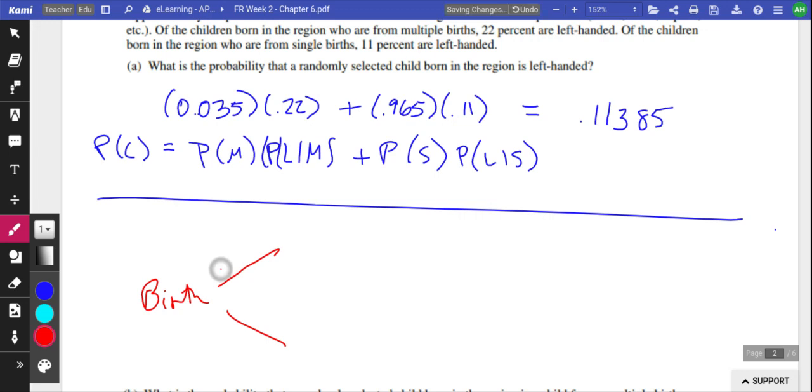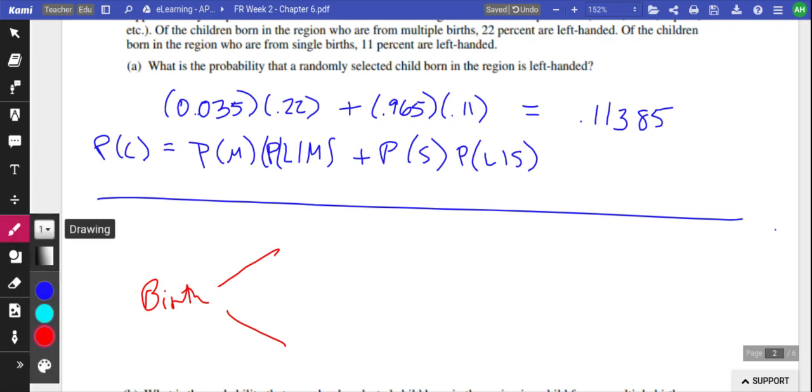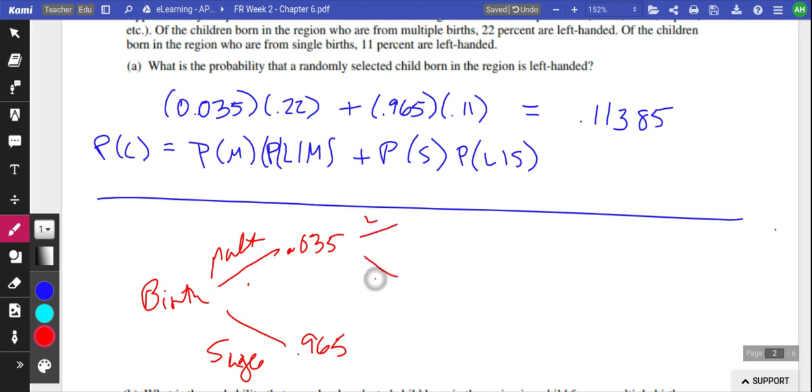So multiple, wow, that's an ugly multiple. Multiple, single, and then you've got a 0.035 chance of going this way, 0.965 chance of going that way, and then you're going to say left-handed, right-handed.